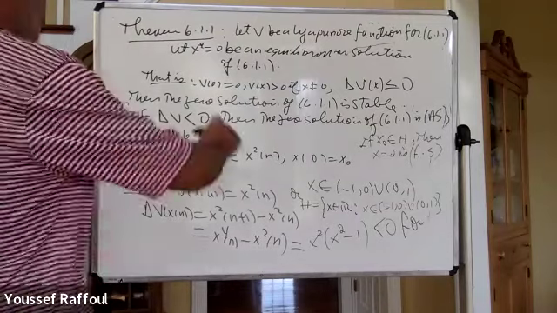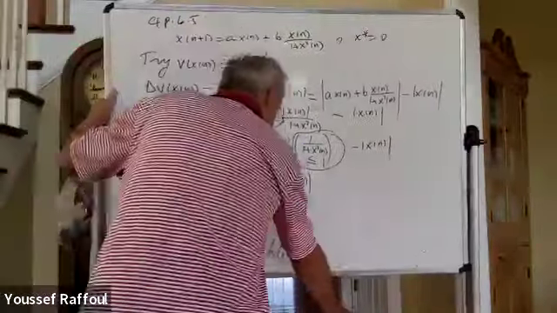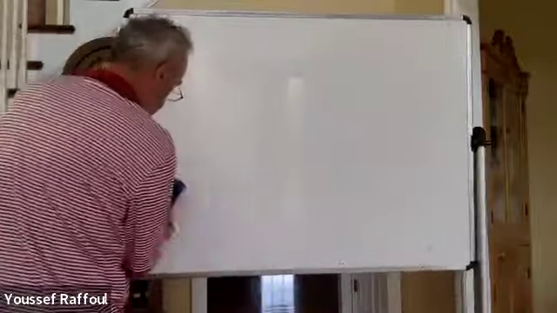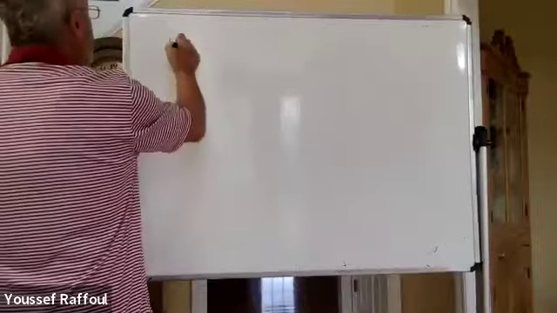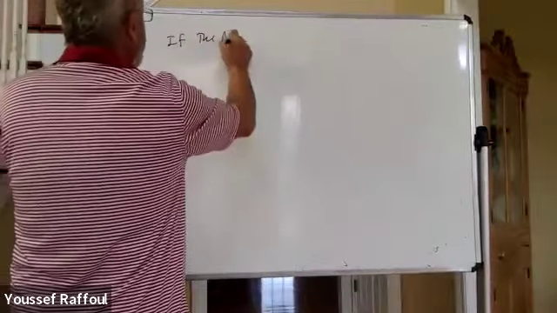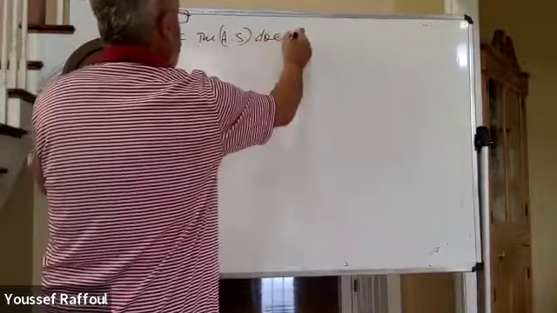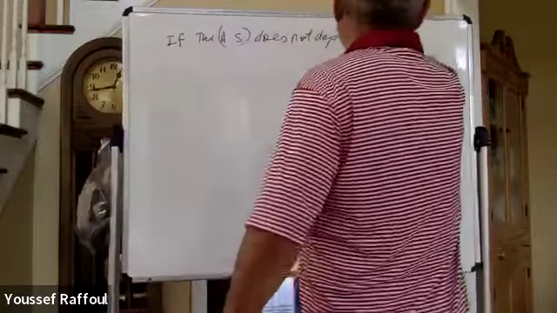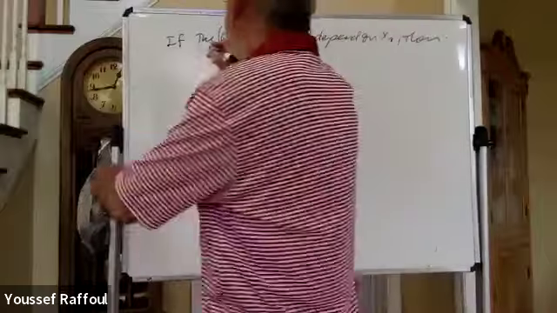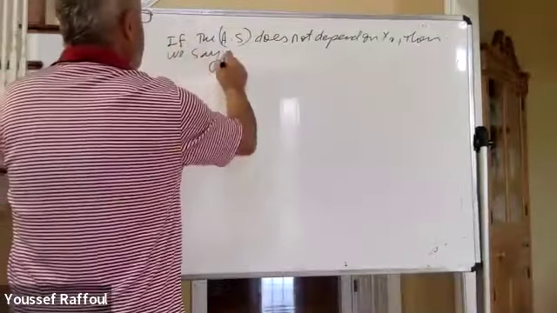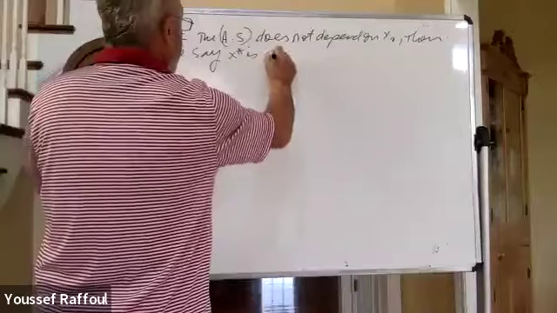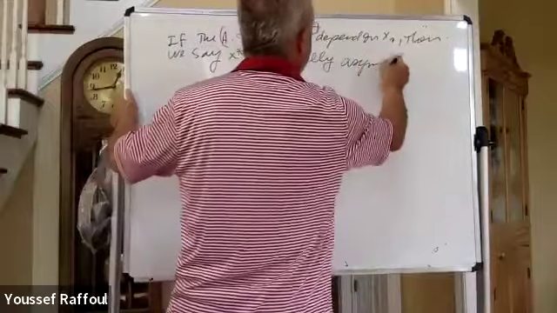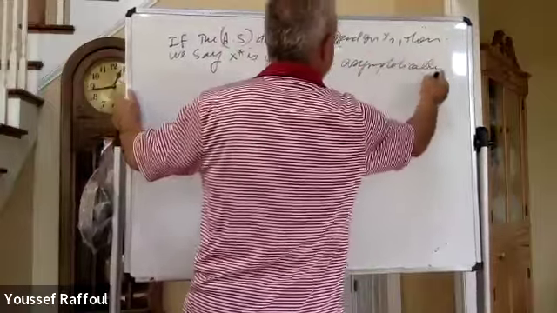All right. So now, if the asymptotic stability does not depend on x naught, then we say x star is globally asymptotically stable.